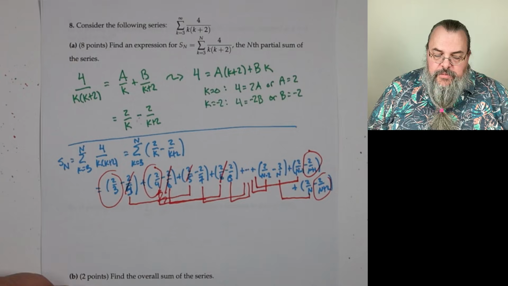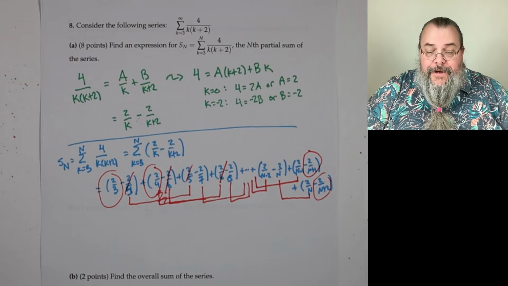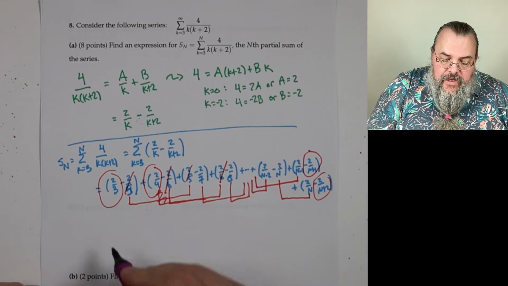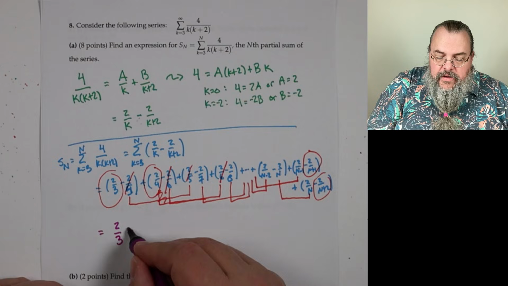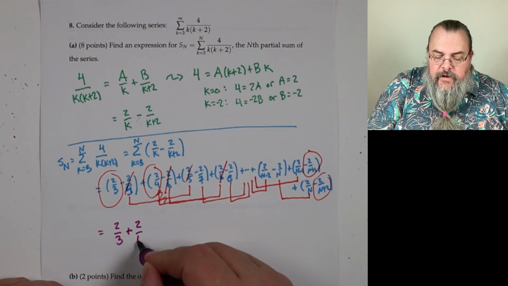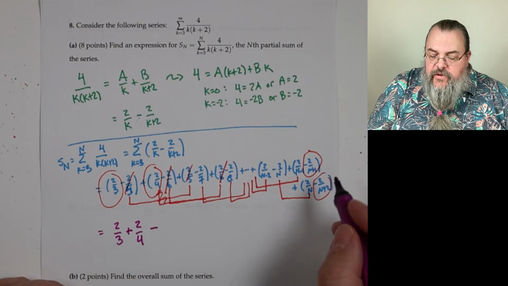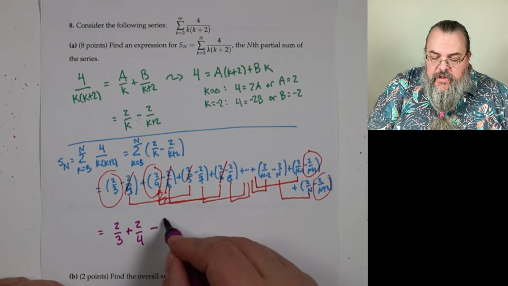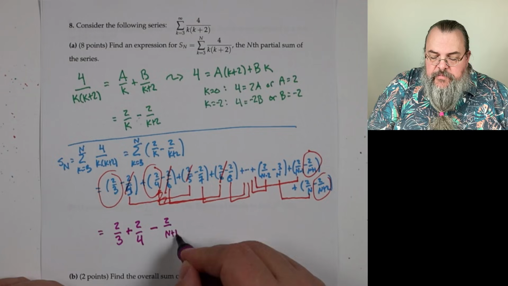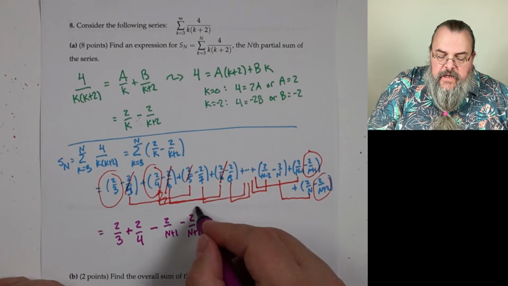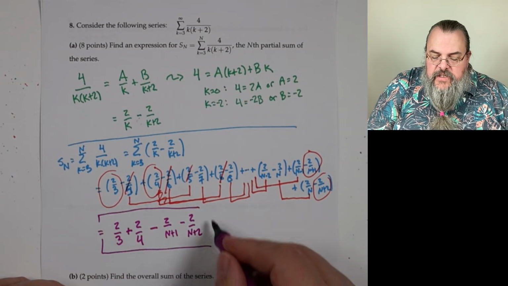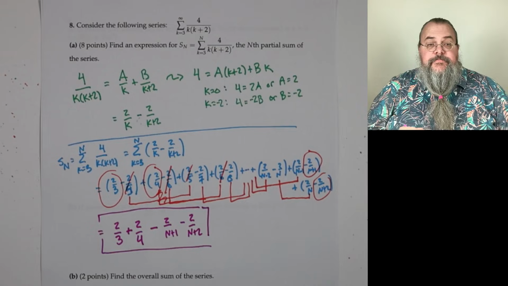And in particular, we get the following. This is equal to two terms at the start that don't cancel, 2 over 3 plus 2 over 4, minus the two terms at the end that don't cancel, 2 over n plus 1 and 2 over n plus 2. And that's our S sub n.